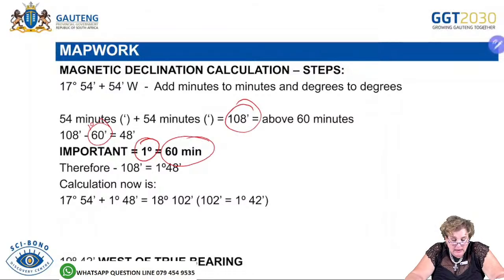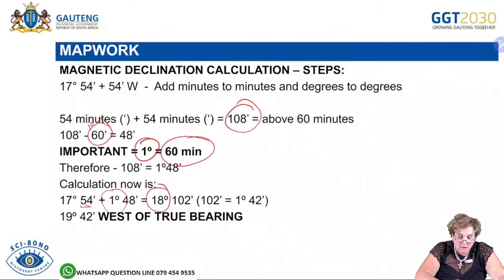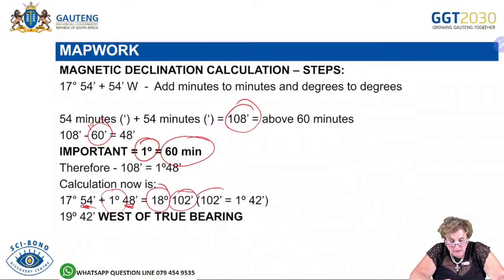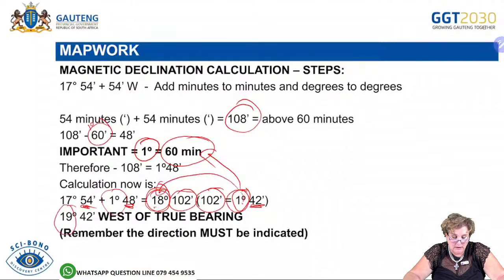Now, my calculation will be 17 degrees plus 1 degree is 18 degrees, 54 minutes plus 48 minutes gives me 102. Now I must remember, 102 minutes is 1 degree 42 minutes. So I add that 1 degree to that 18, and I will have 19 degrees 42 minutes as the answer for that question.